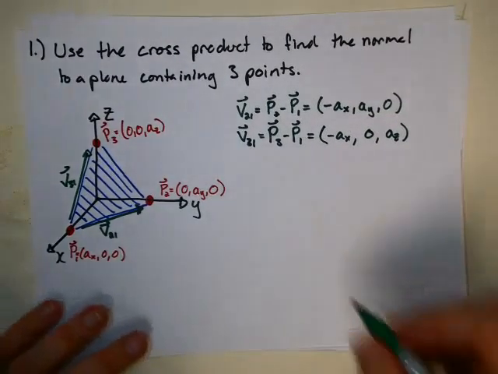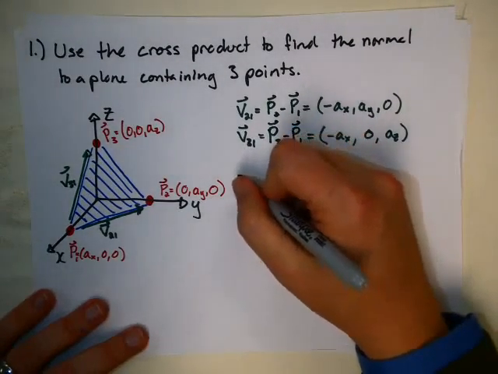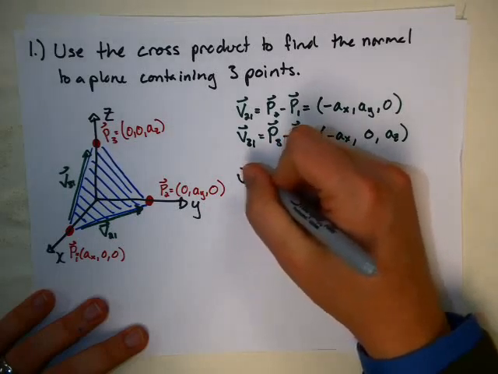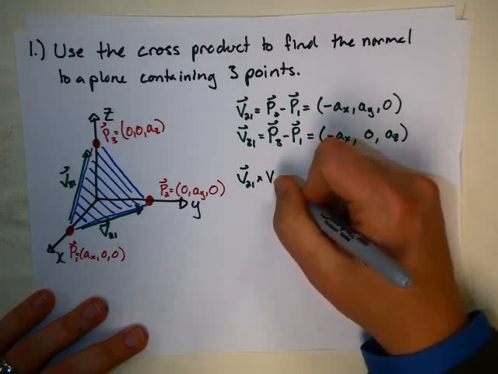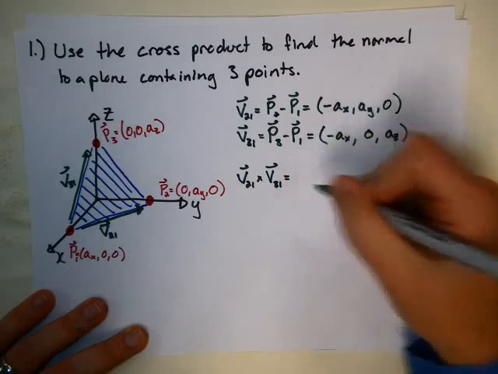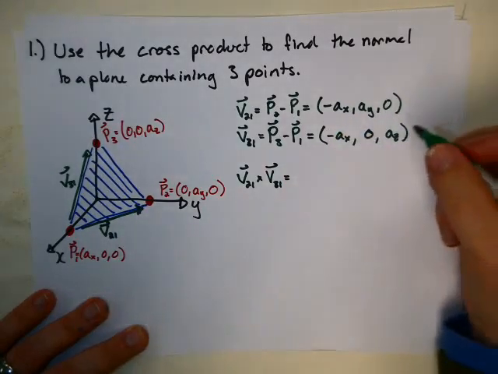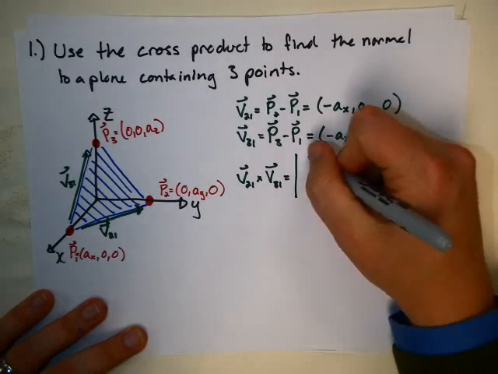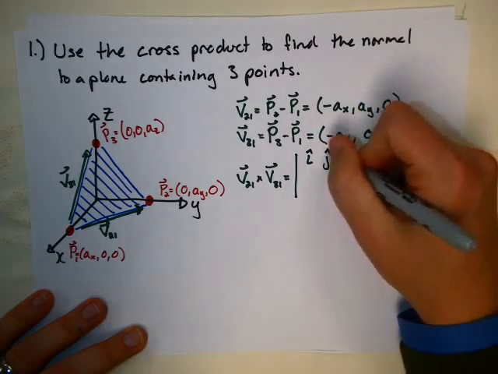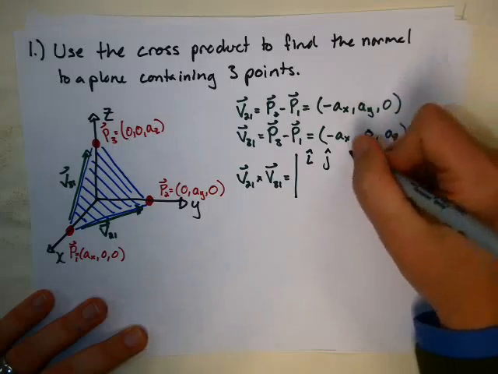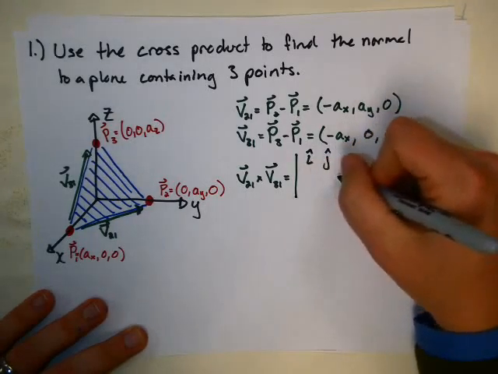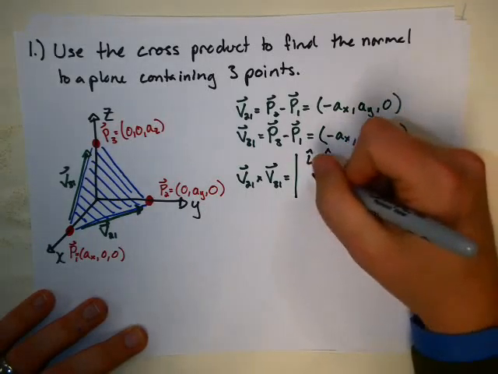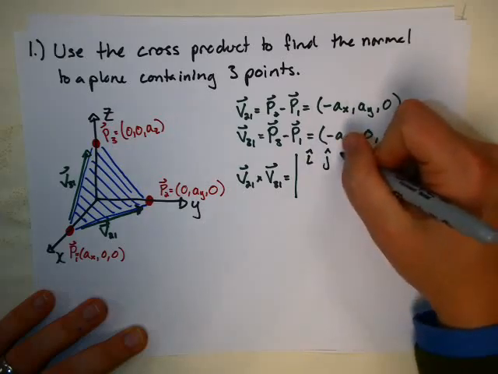Now I take the cross product of these 2 vectors, so V21 cross V31. The way I can do that is by looking at the determinant of the matrix made up of the unit vectors here, the V21 here, and the V31 here.